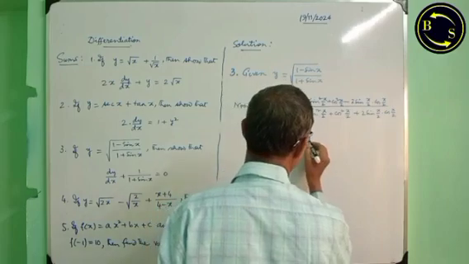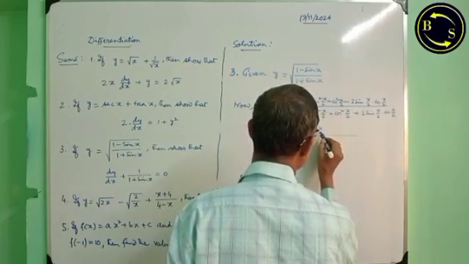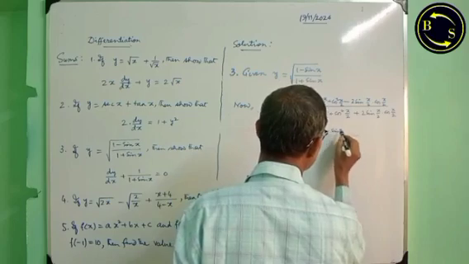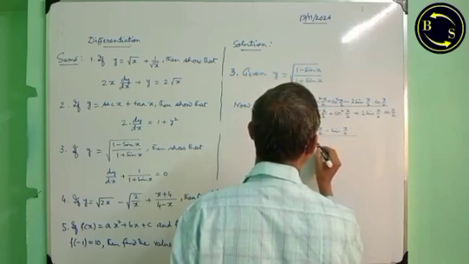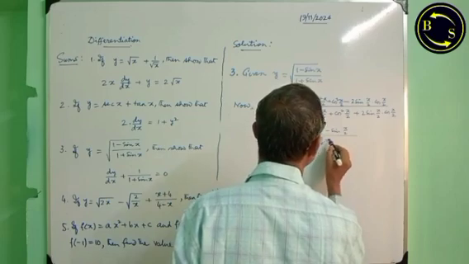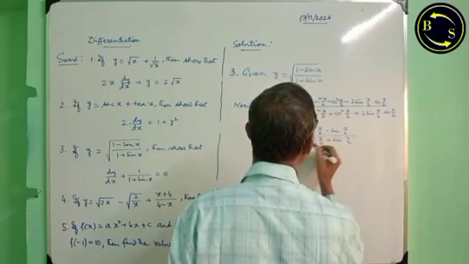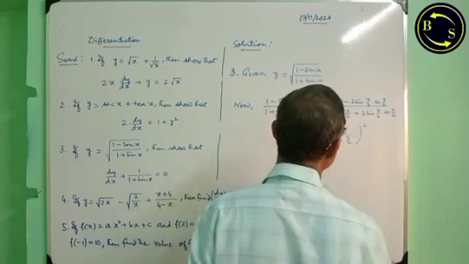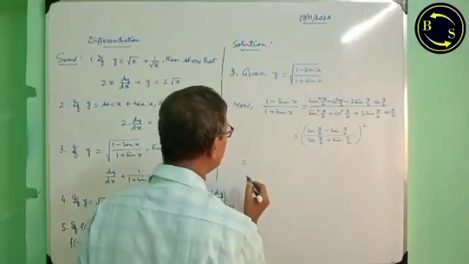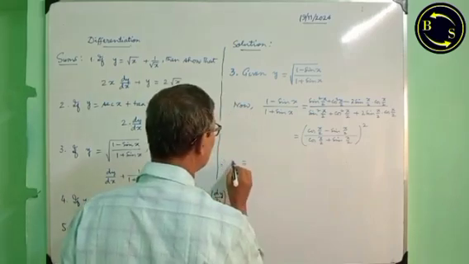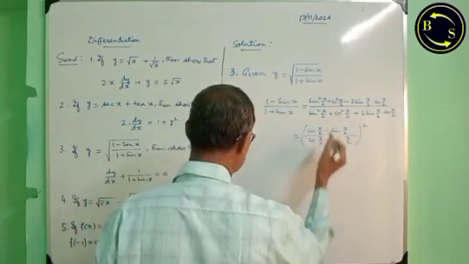That means the numerator is cos x by 2 minus sin x by 2 whole square, and the denominator is cos x by 2 plus sin x by 2 whole square. Therefore, y is equal to the square root of this one.